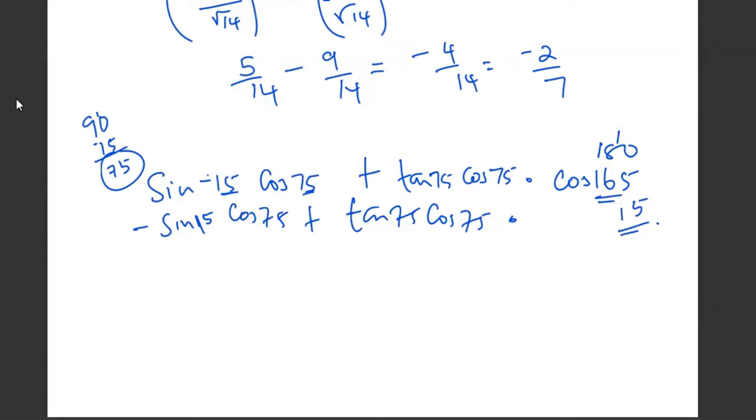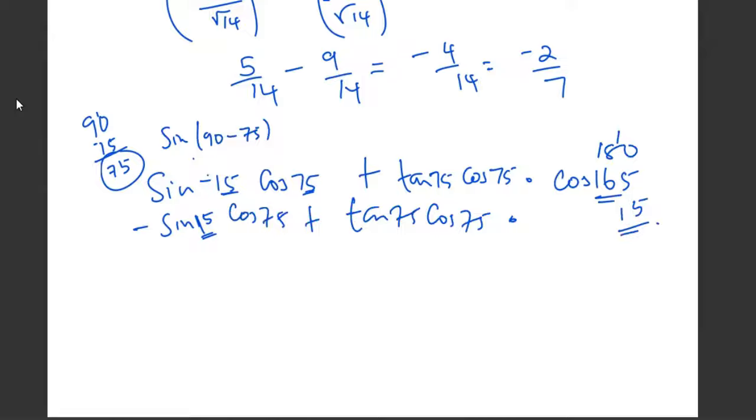So I'm going to say, why don't I rather change everything to 75s? So that way I have the sine of 15 is going to be the sine of 90 minus 75. How about that?